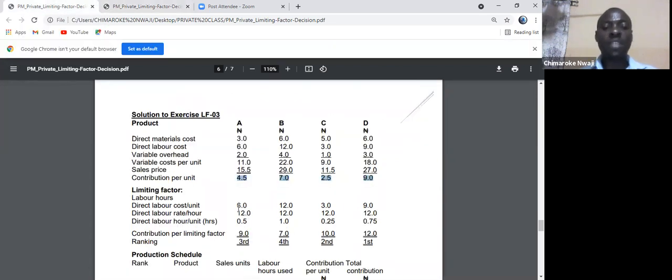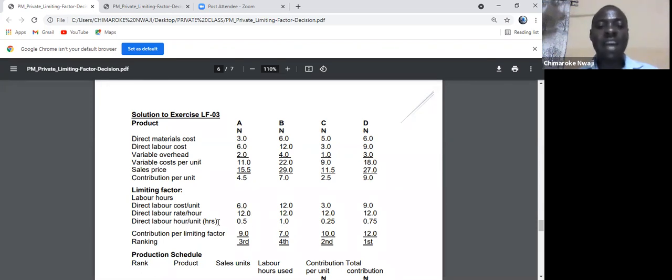And so that's what we did here. 6 divided by 12 gives you 0.5. So you see this 6, 12, 3, and 9, these are the labor costs for each of the products. Now this labor rate of 12 naira is constant in all of them. So you simply divide the 6 by 12. So here 12 divided by 12, it means you spent 1 hour per unit.